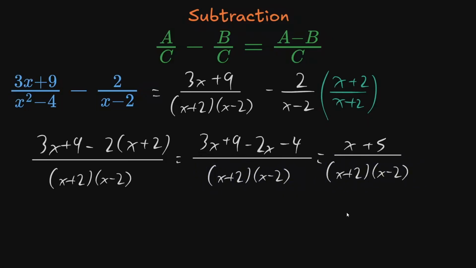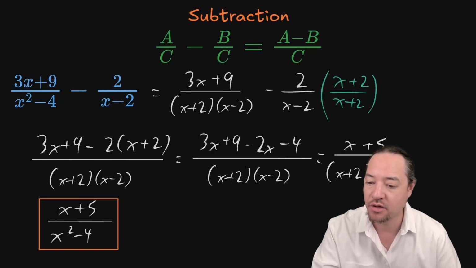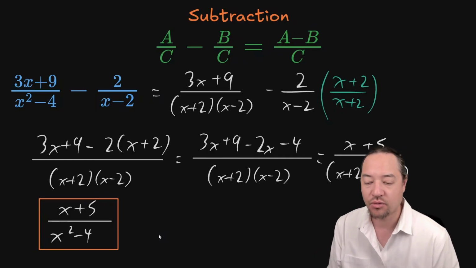And if we want to, we can just FOIL this together to rewrite this as an x plus 5 over an x squared minus 4. And that then would be our final answer right over there.